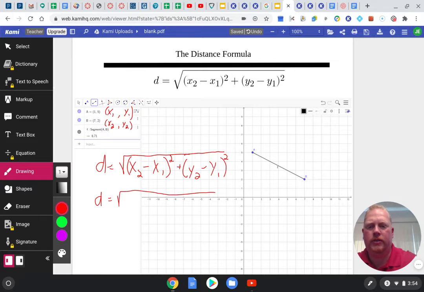So distance equals the square root of x2 minus x1, so 7 minus 1, squared, and then y2 minus y1, so 2 minus 5, squared.